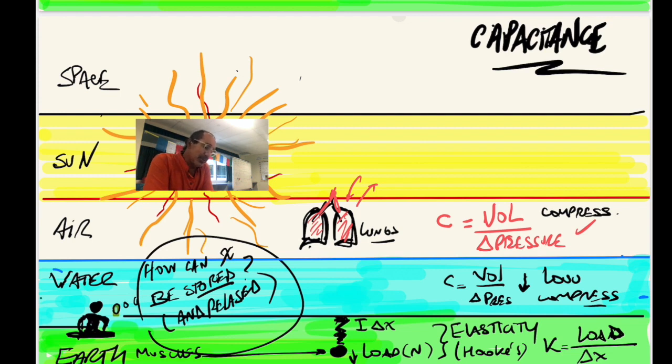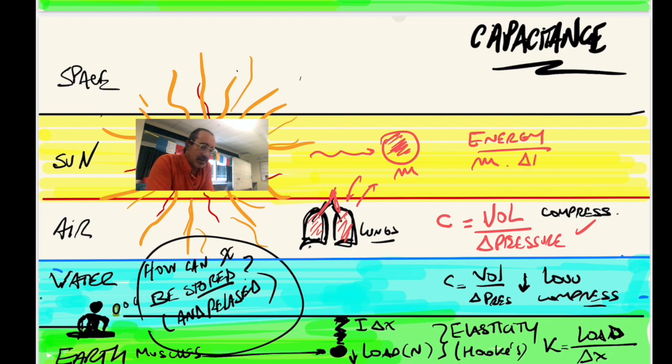What about the capacitance for solar energy? Okay, solar energy, I'm going to mark it in red, is received by every object. So if I have any mass here, for example, a mass of water or a mass of a certain rock, the amount of energy that that mass absorbs, per unit mass, over the increase of temperature, that is what we call the capacitance.